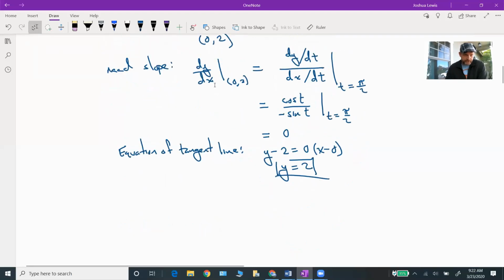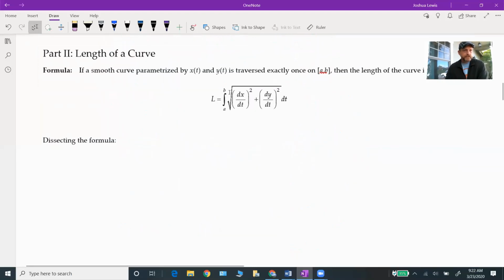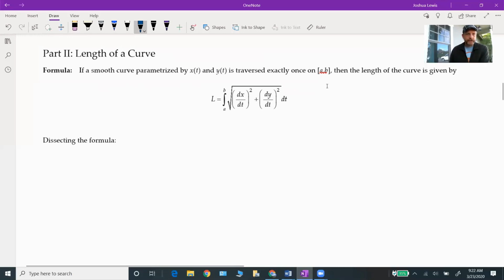All right. The next issue is finding the length of a curve. And so we have this expression here. Again, x and y are given as functions of t, and this becomes my formula for arc length. Now, I want you to notice, it's traversed exactly once on AB.